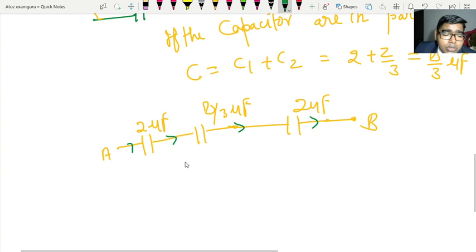Apply a voltage source like here. Current will enter from node A side, and the same current will pass through 2 microfarad, 8 by 3 microfarad, and 2 microfarad again. It means simply that all these three elements are connected in series.